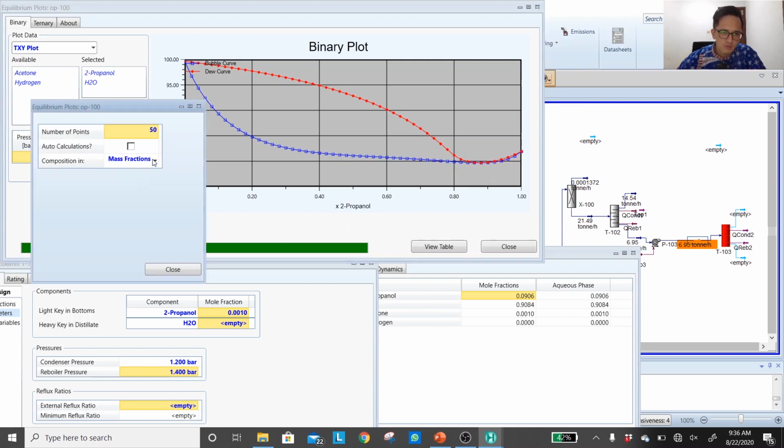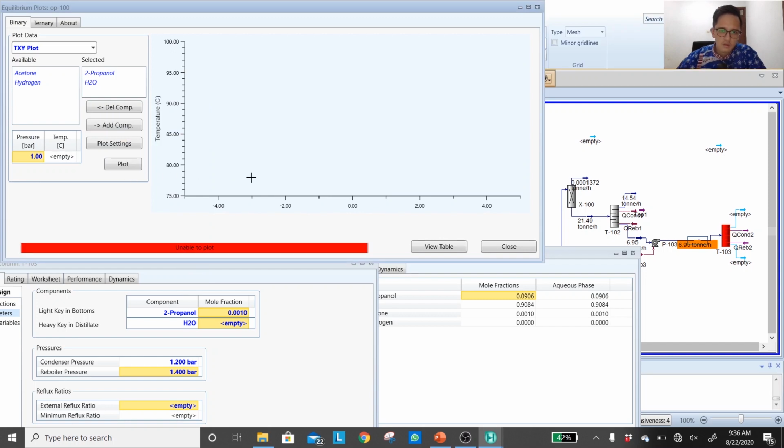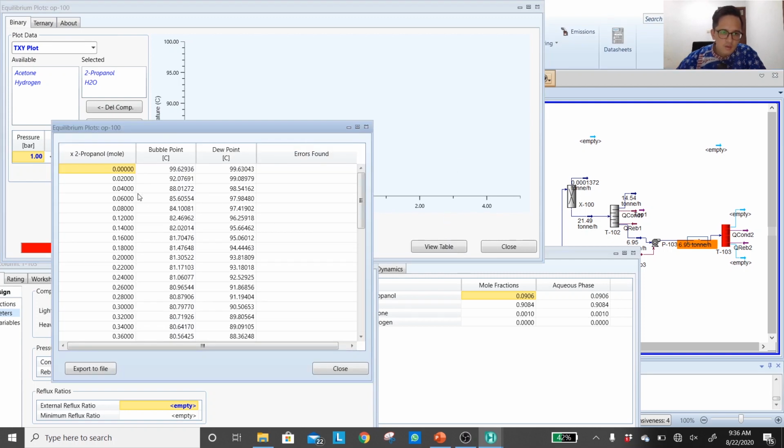So let me go back to mole fraction. Okay, what happened now? View table. Check where the azeotrope condition is. I think this is the azeotrope condition.